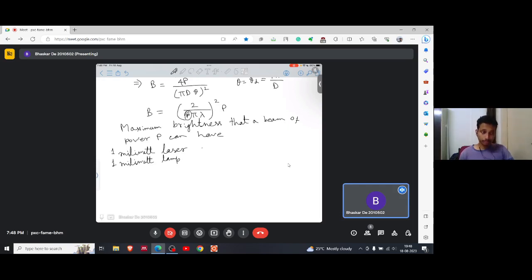Then due to the low value of beta, the brightness of the laser will be higher.